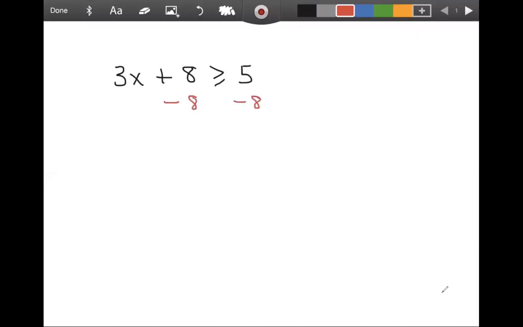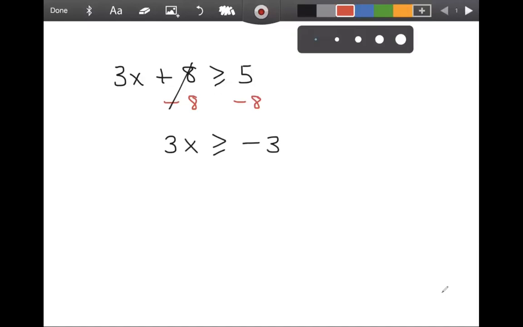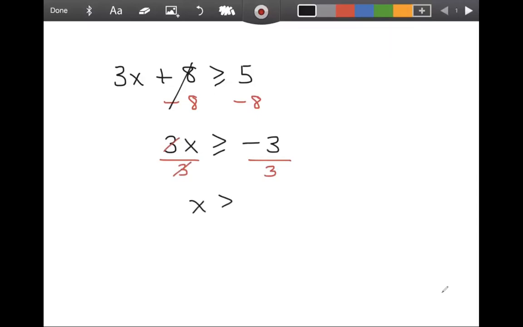This is using the addition property of inequality, which is going to leave us with 3x is greater than or equal to -3. And now we're going to get the variable by itself by dividing both sides by 3. And that is going to leave us with x is greater than or equal to -1.